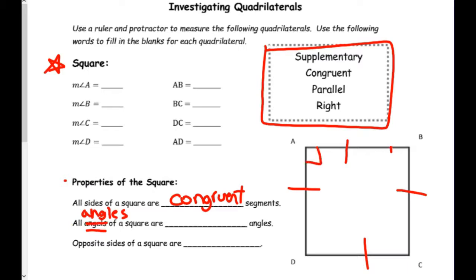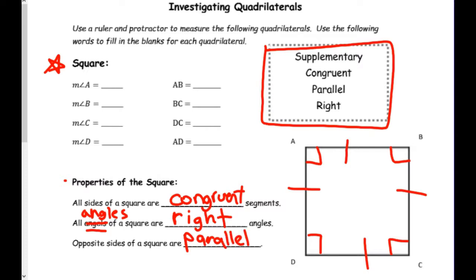Now, we can measure that, and we'll do that in a second to verify this, but all the angles of a square are congruent, and they're right. So we're actually going to say right angles. And opposite sides of a square are parallel. Good.